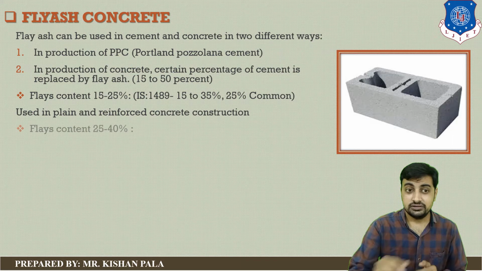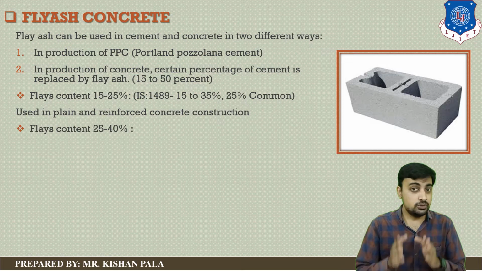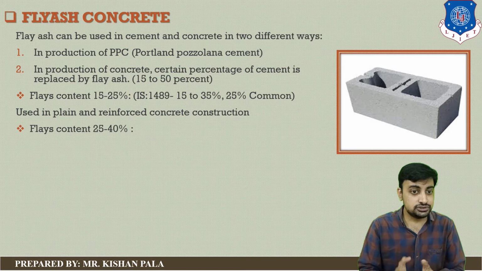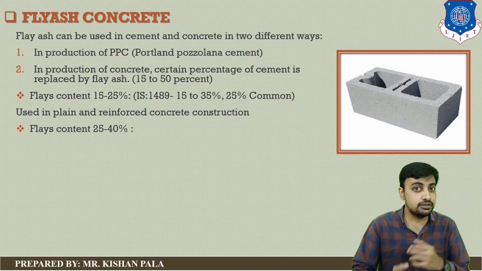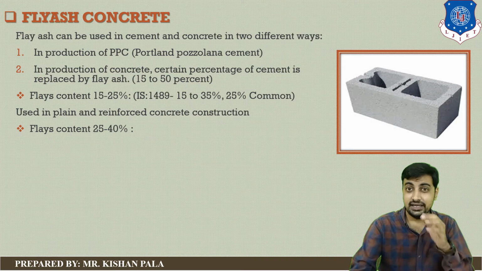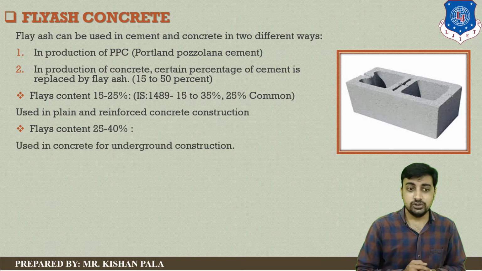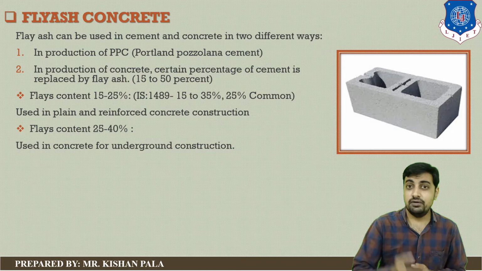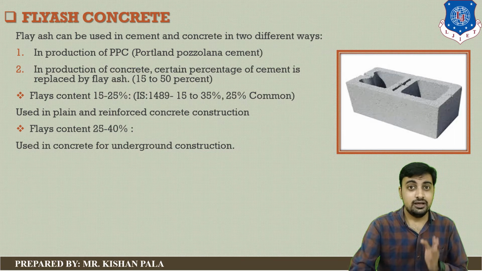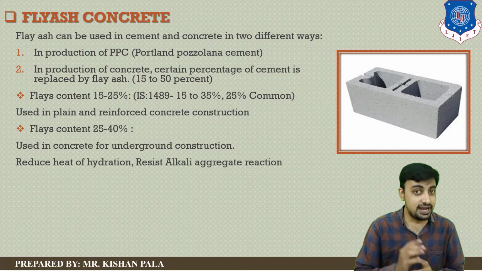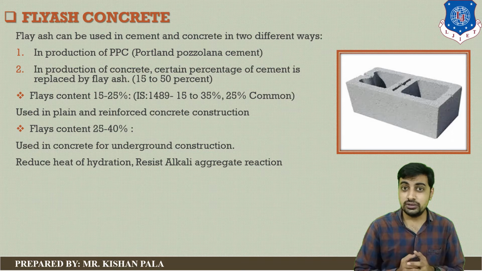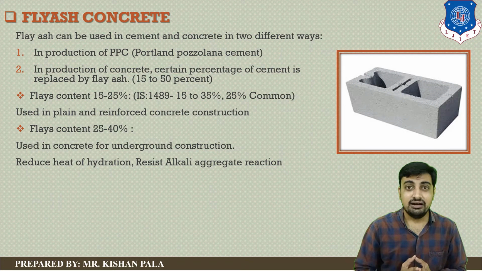If we talk about the second classification, if fly ash is used at 25 to 40 percent of the total binder material, it is classified in this particular type. This percentage is generally used for underwater construction, and by using fly ash up to 40 percent, you can reduce the heat of hydration and resist alkali aggregate reaction.